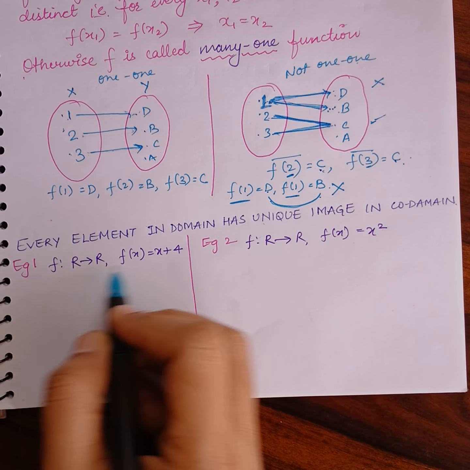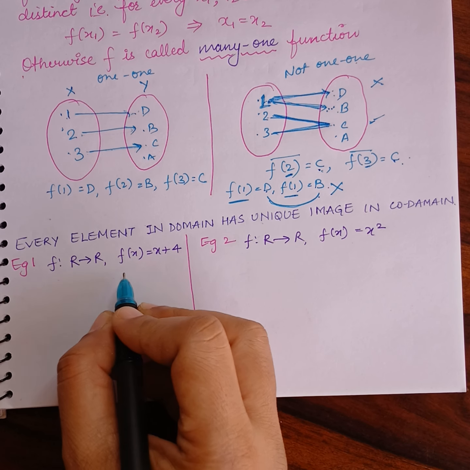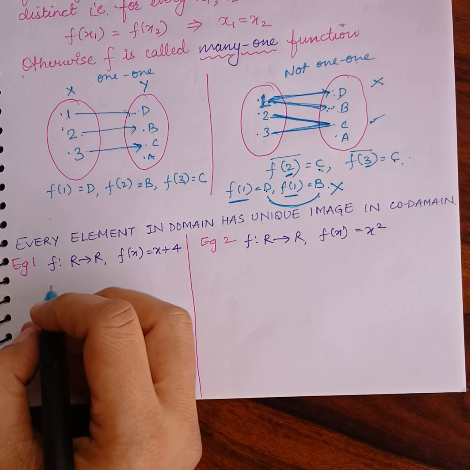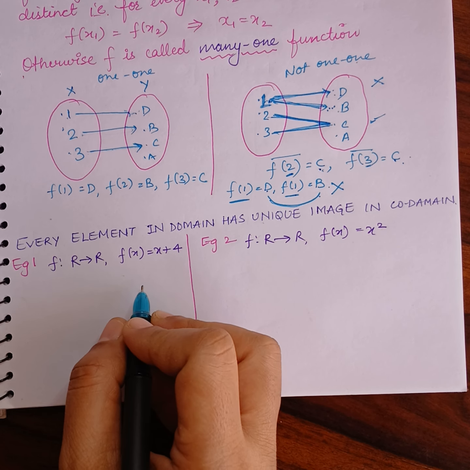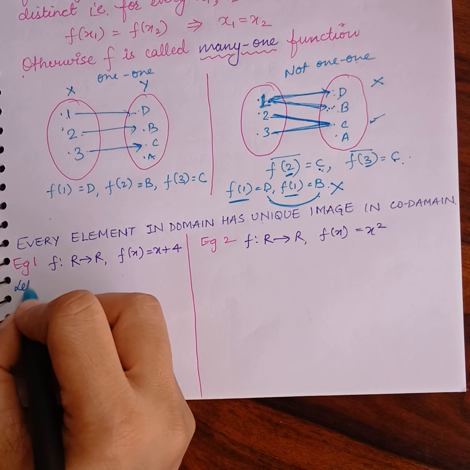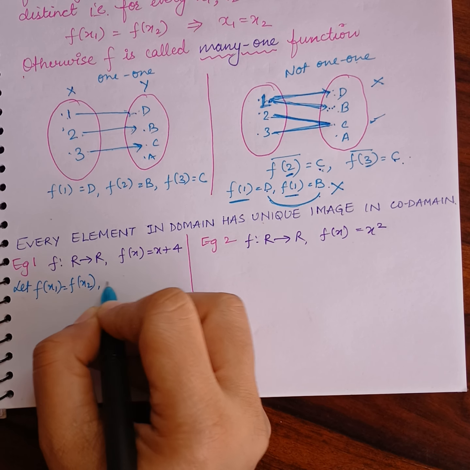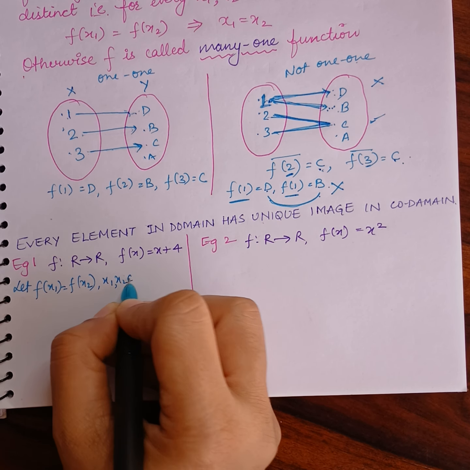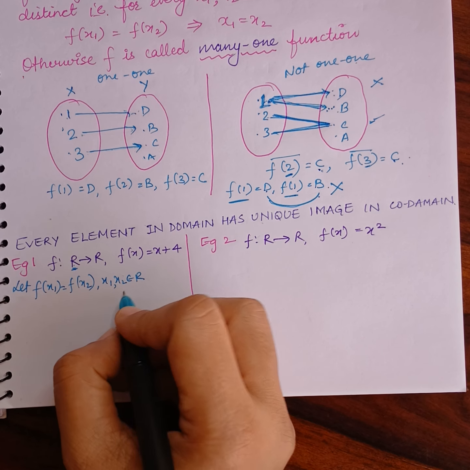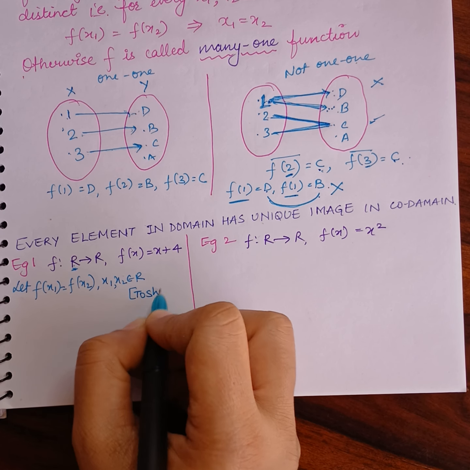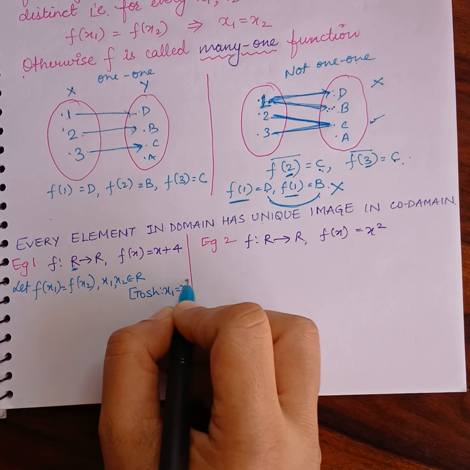So, let us now do this example, f(x) is equal to x plus 4. How to show that the function is 1-1? We will let f(x1) is equal to f(x2) where x1, x2 belong to R, the domain. And what I have to show? I have to show that x1 is equal to x2.